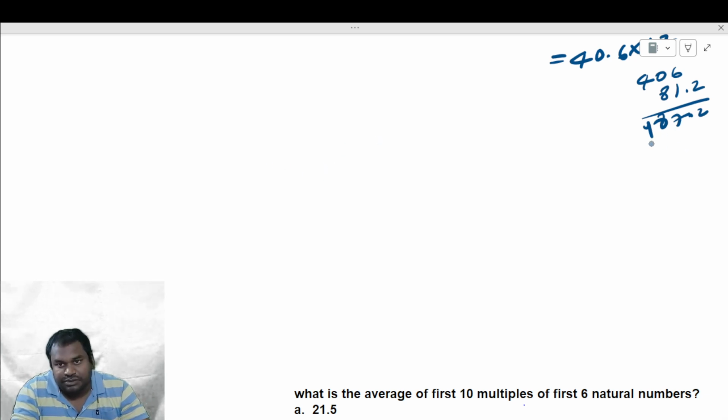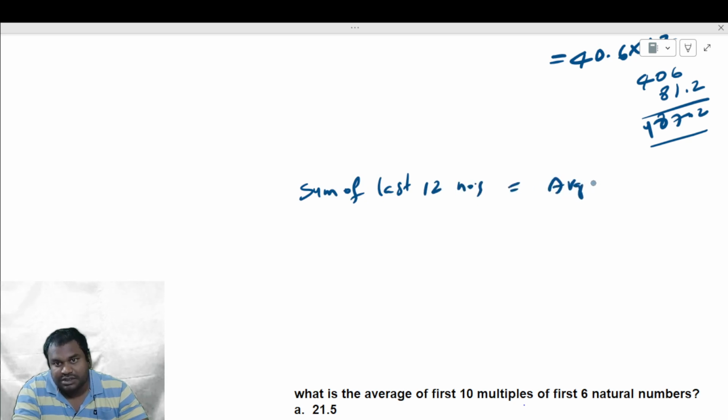In the same way, sum of last 12 numbers. For that, take the average of last 12 into 12. Average of last 12 is given in the question.